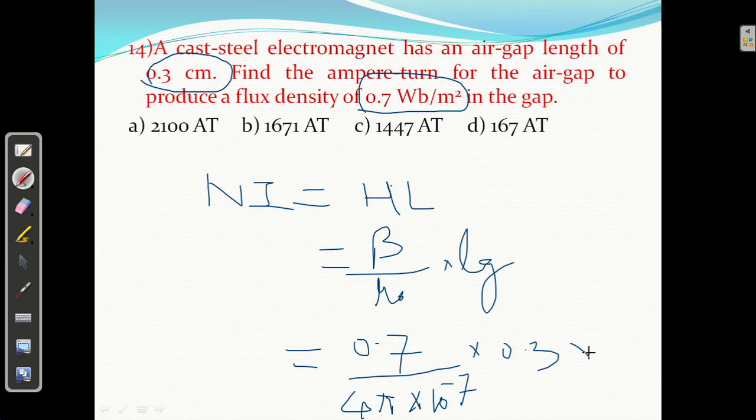Centimeter means 10 raised to power minus 2. So if you solve with the help of calculator, you will get 1671 ampere turns. B answer is correct. Okay.